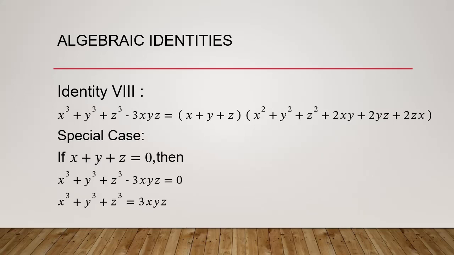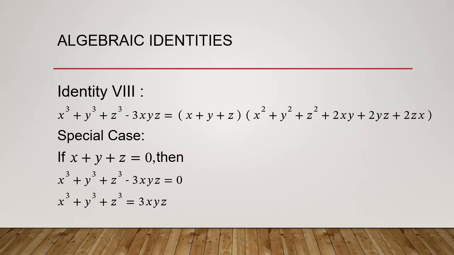Now, last but not the least, identity number 8: x cube plus y cube plus z cube minus 3xyz is equal to x plus y plus z into x square plus y square plus z square minus xy minus yz minus zx.